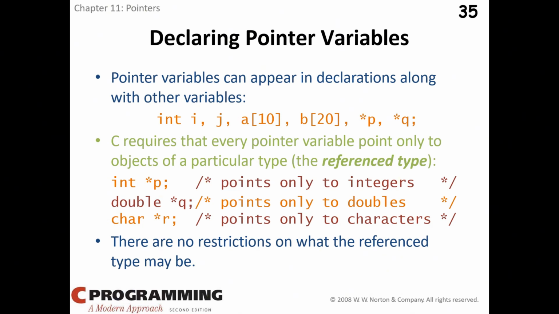For example, the integer pointer p points only to integers, the double pointer q points only to doubles, and the character pointer r only points to characters. Each pointer variable is associated with a specific data type, and it can only point to memory locations that store values of that type. However, there are no restrictions on what the reference type may be, and pointers can point to any data type, including user-defined types, structures, or even other pointer types.